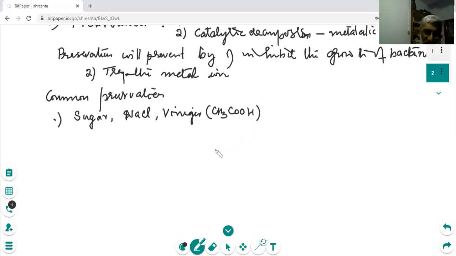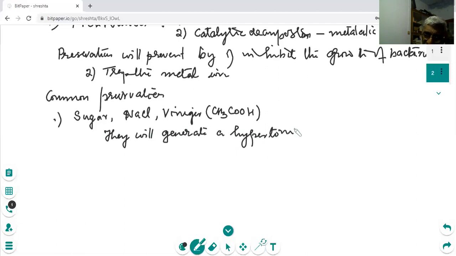Okay. Now what do all these things do? They will generate a hypertonic atmosphere, a hypertonic solution. What is the meaning of hypertonic solution?